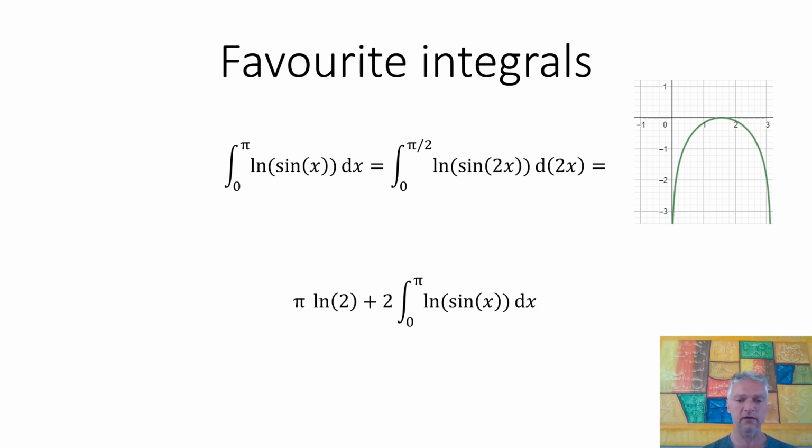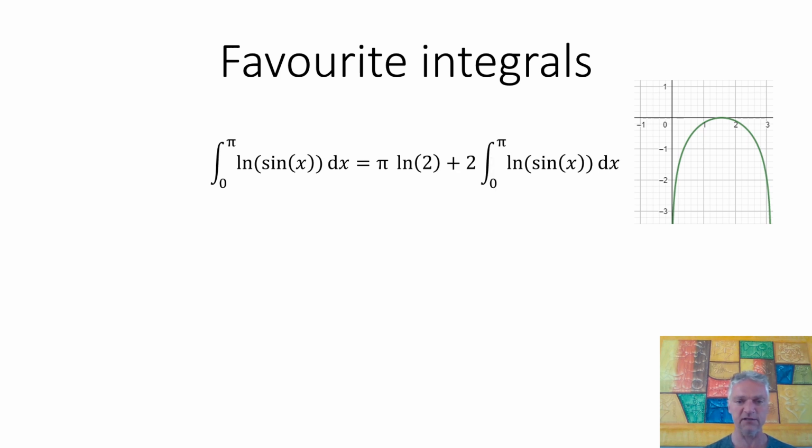So now we end up with this. The original integral equals pi logarithm of 2 plus 2 times the original integral. That is the integral of x running from 0 to pi of the logarithm of the sine. So now we end up with this identity.